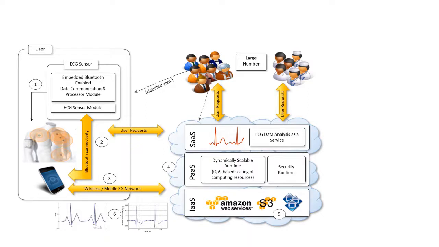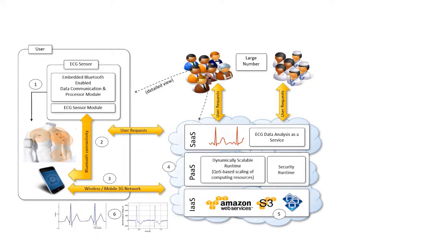The runtime platform is composed of a dynamically scalable number of instances running the workflow engine and Aneka. The number of workflow engine instances is controlled according to the number of requests in the queue of each instance, while Aneka controls the number of EC2 instances used to execute the single task defined by the workflow engine for a single ECG processing job.